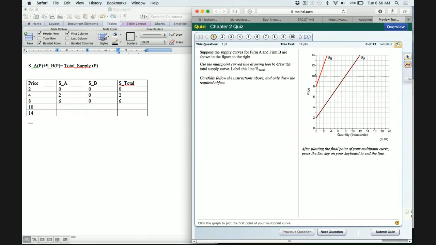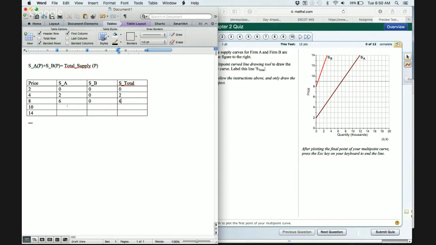At price 10, we can see that SB is willing to supply 1, and SA is willing to supply 8. So we have 8 for firm A and 1 for firm B. At the price level of 10, these two firms together are willing to produce 9 units.